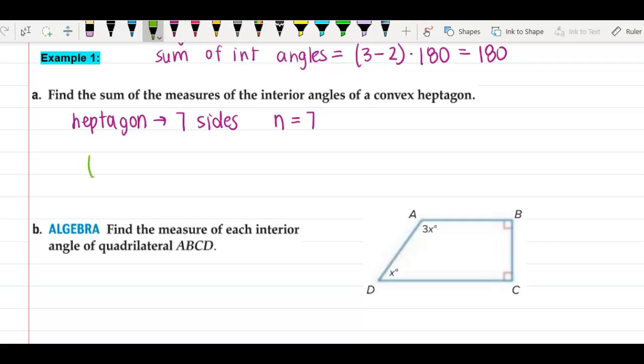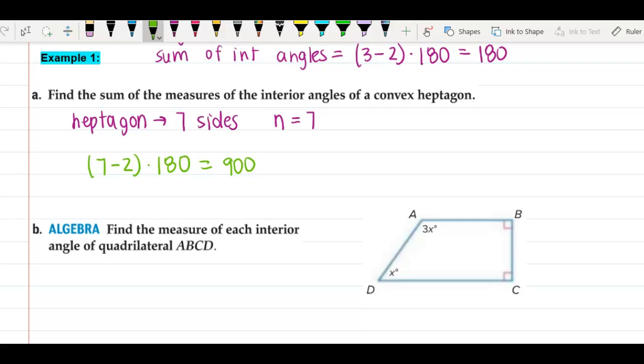We take (7 minus 2) times 180. You can plug this in your calculator if you remember the parentheses, or think in your head: 7 minus 2 is 5, and 5 times 180 is 900. What that means is, if we added up all the angles in a heptagon, regardless of the shape, as long as it's convex, all 7 angles should add up to 900 degrees.